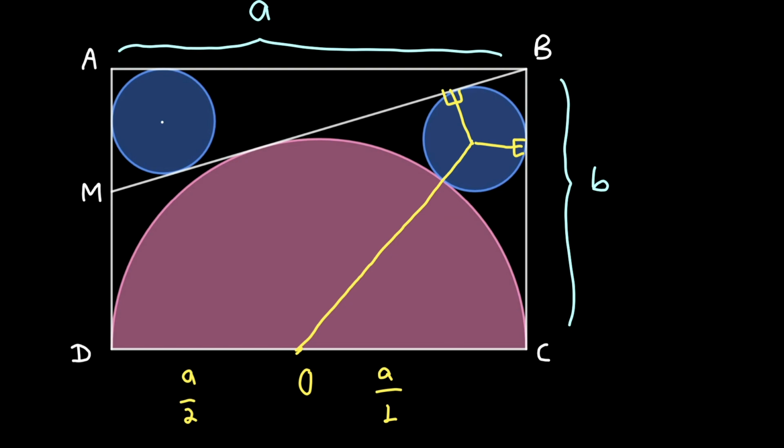Now we can see that the distance from the point O to this tangent point is the radius of the semicircle, hence it would have a length a upon 2. The distance from the tangent point to the center of this circle is the radius of that circle and we have already taken it as a variable x. Therefore, the complete distance from the point O to the center of this circle would be simply a upon 2 plus x. So let me write down that thing over here. So the complete length over here is ultimately going to be a upon 2 plus x.